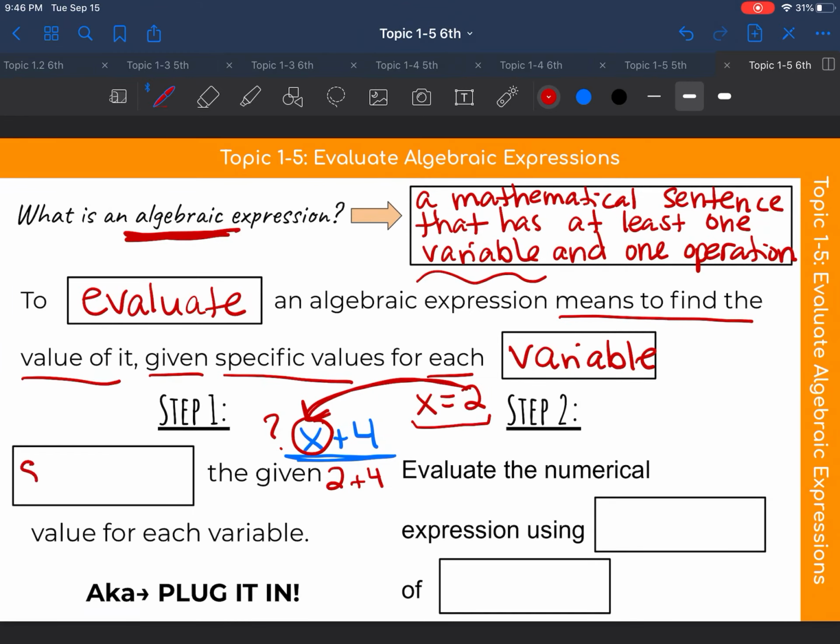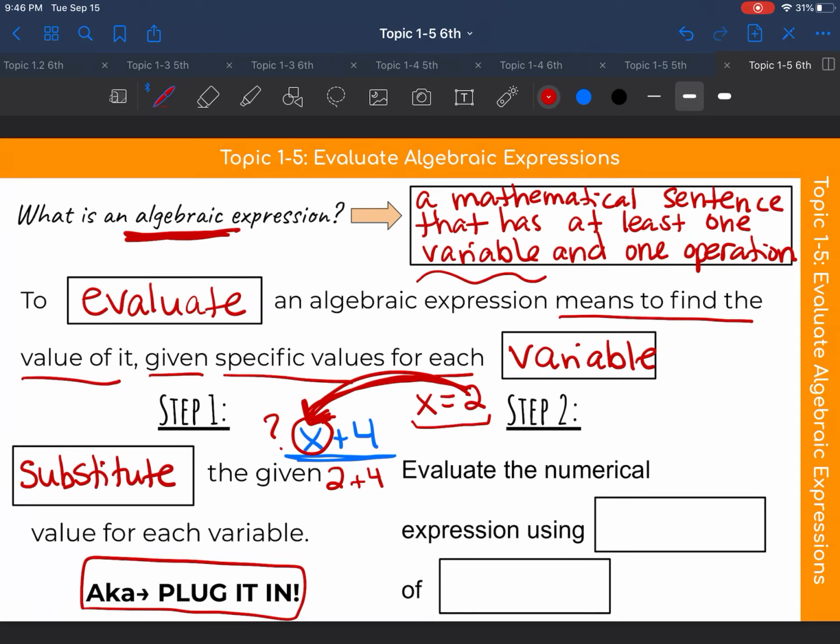Okay? So the first step is the word substitute. Just like we have substitutes in school who take the place of a teacher, when we substitute in that value, it takes the place of the unknown and we actually know it. So you substitute the given value for each variable, aka plug it in. Plug in that 2, okay?